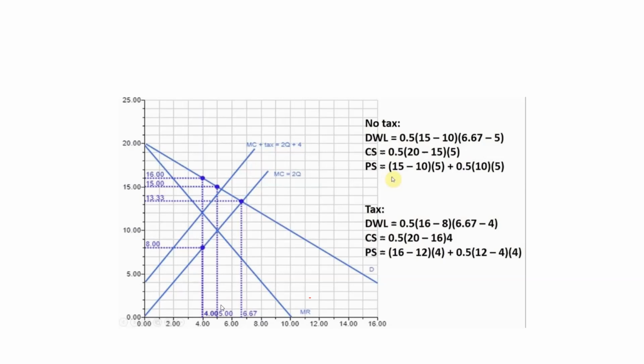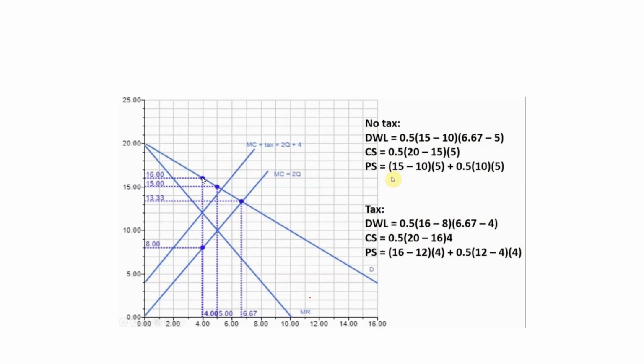Now I didn't put an ATC here to make it easier for you to see because there's a lot of lines. In an excise tax, MC is going to shift to the left, like I did. You're going to have a new MC equals MR.